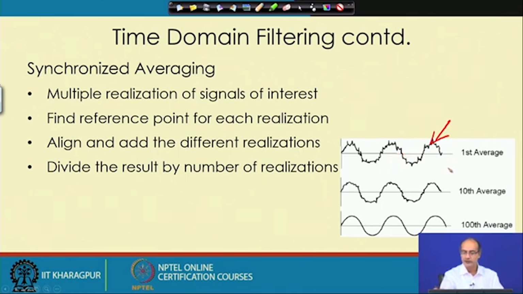Once 10 such averages are performed, the noise has reduced to a good extent and it looks more or less like a sinusoid. When we go for 100 times, it is difficult to say that it is not a sinusoid; the noise has gone down to that extent.